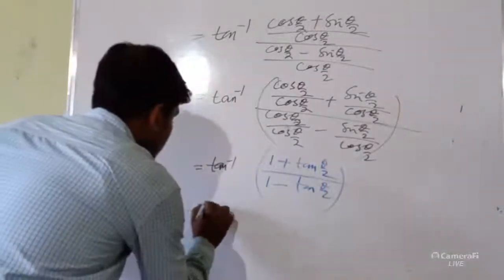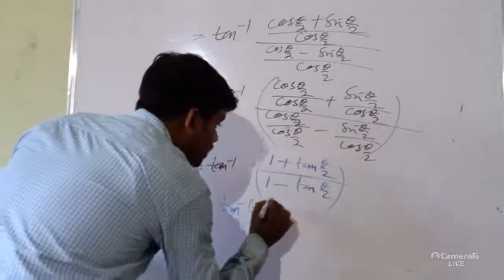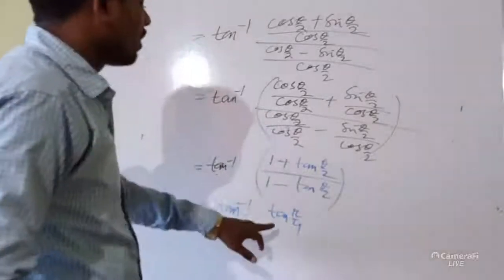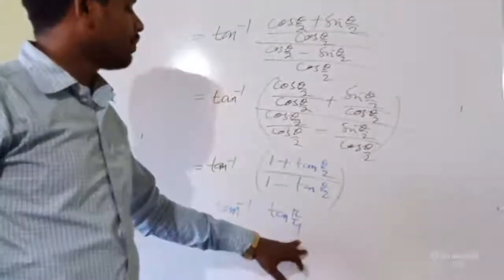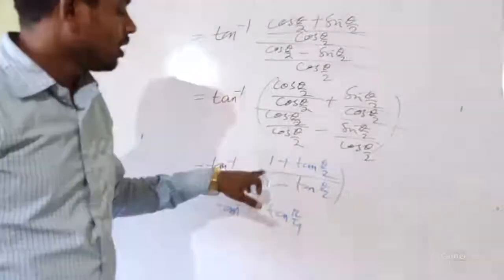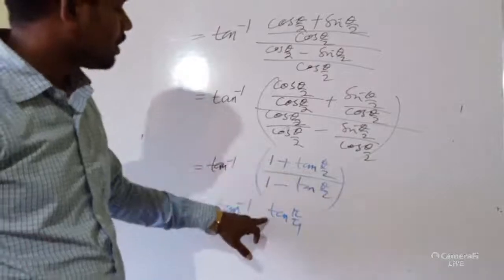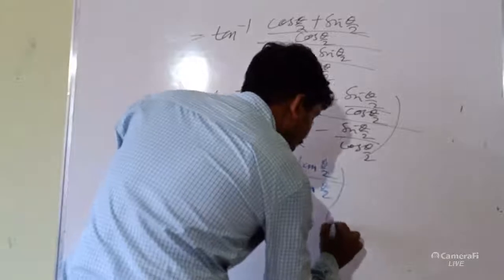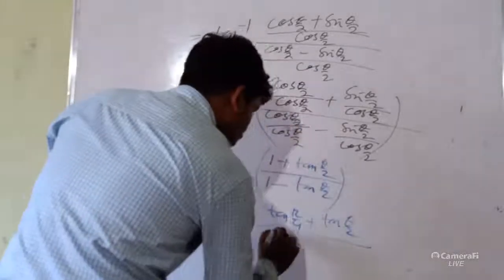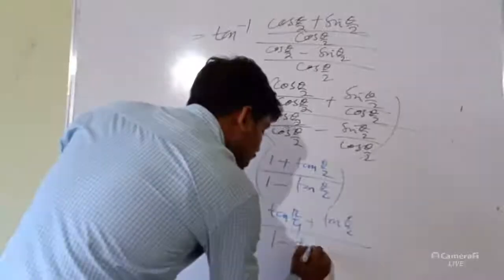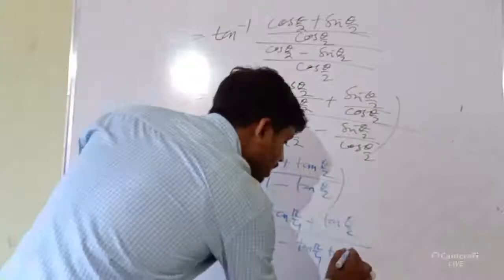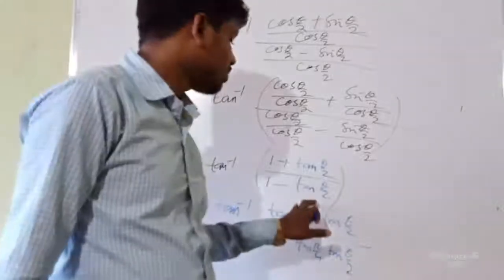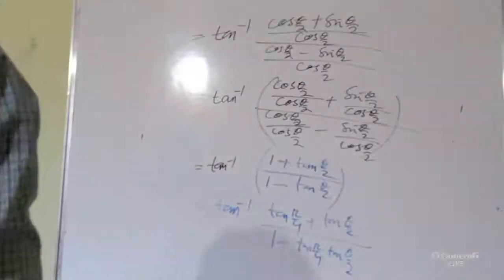Now this becomes tan inverse of tan pi by 4. The value of tan pi by 4 is equal to 1. Hence we use tan pi by 4 in the place of 1, and here tan theta by 2 and 1 minus tan pi by 4 times tan theta by 2. Okay. Any doubt?